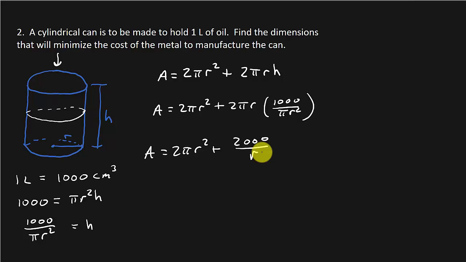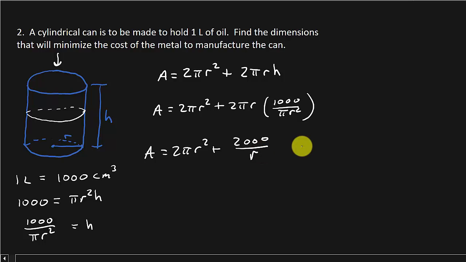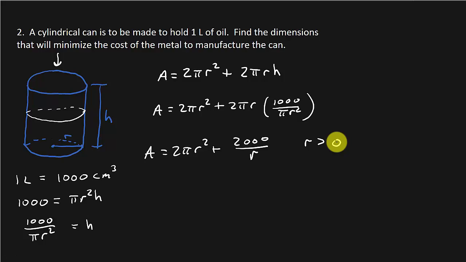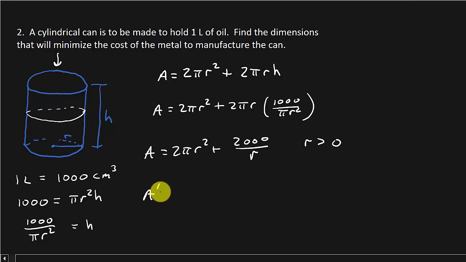Now, what do we know about this? Well, we know that r is positive, right? R can't be negative. It's going to have to be larger than 0 because the radius can't be negative. So if I take the derivative, I get A prime is equal to 4 pi r minus 2,000 over r squared.